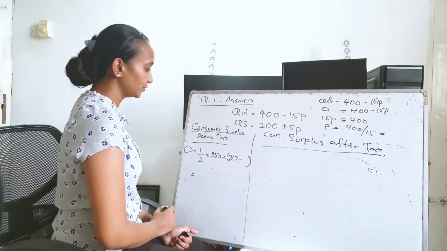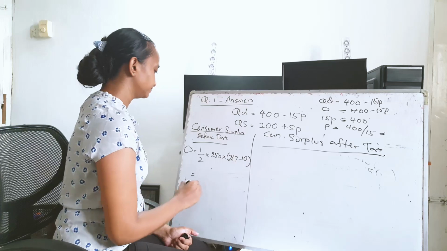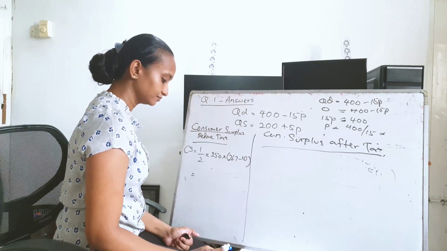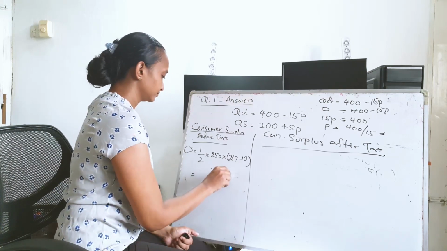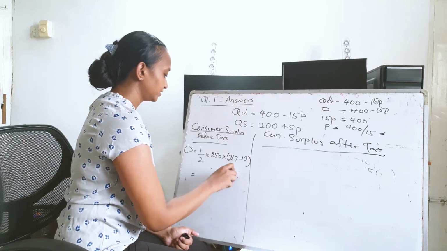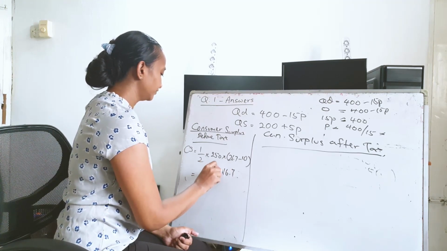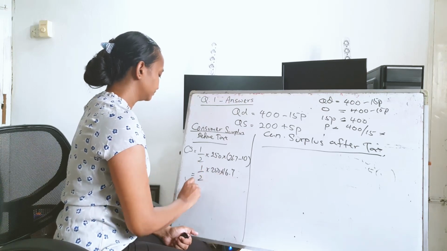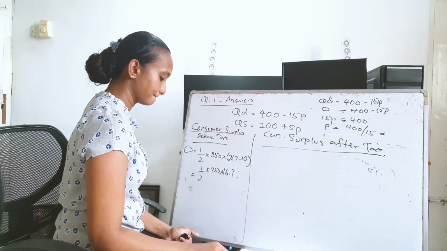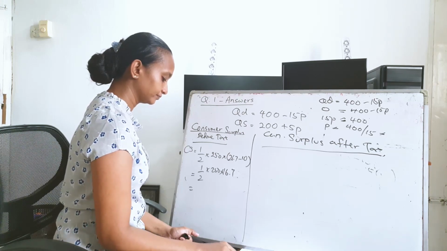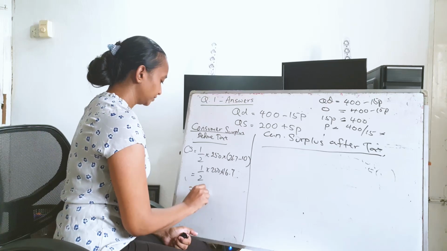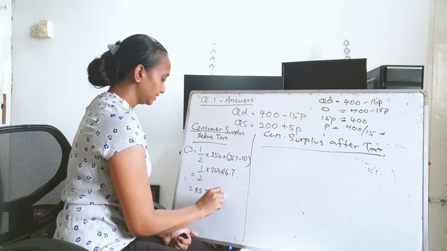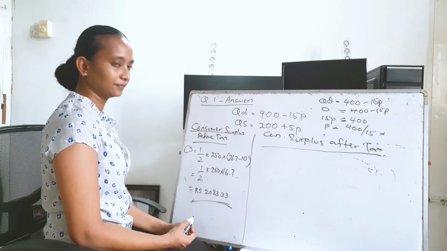We'll take 26.7 minus 10, 16.7 into 250 into half. You will get approximately 2083.33.